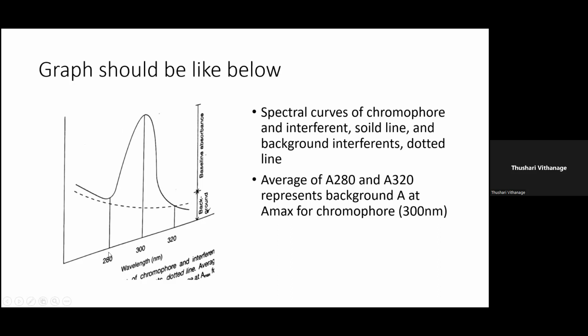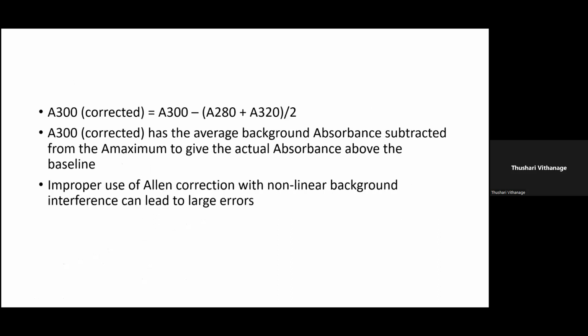When we take the average of absorbance at 280 and 320, it represents the background interference at the absorbance maximum of 300 nanometers. So the corrected absorbance at 300 equals absorbance at 300 minus the absorbance at 280 plus absorbance at 320 divided by 2.